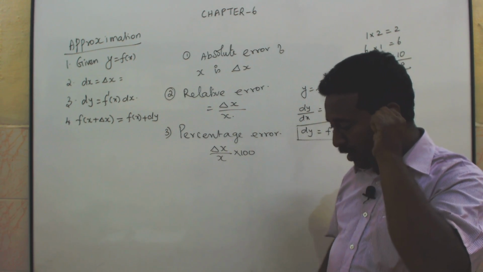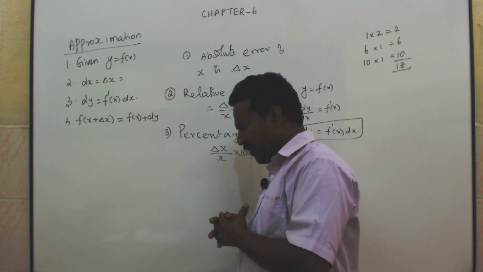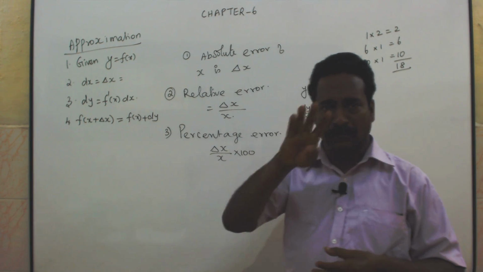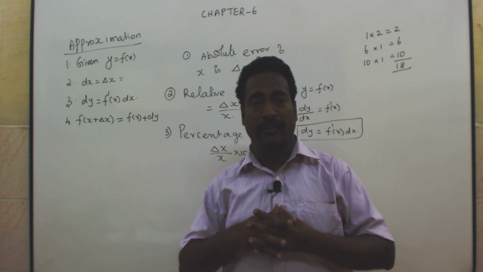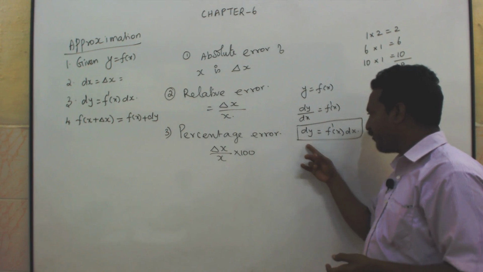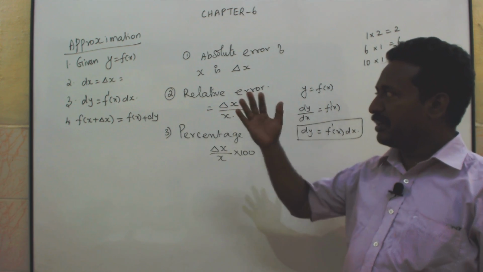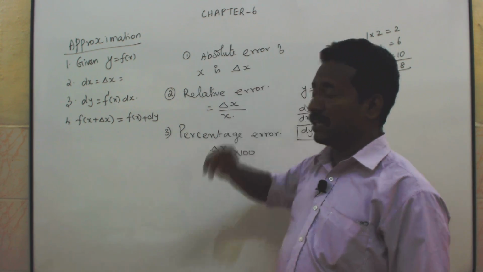The next important topic is approximation. Whenever you think about the approximation, we have to follow the 4 steps. Step number 1, given y equal to f of x. Step number 2, already we studied differential, that is dx. Dx equal to delta x, that is absolute error.